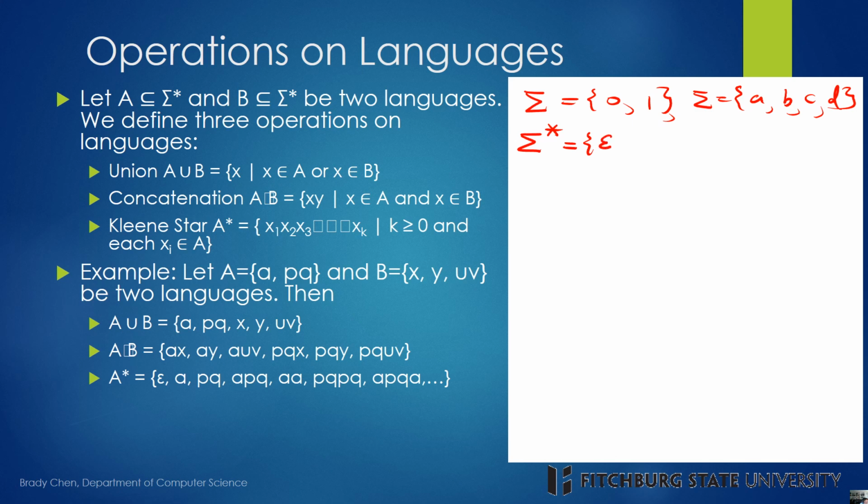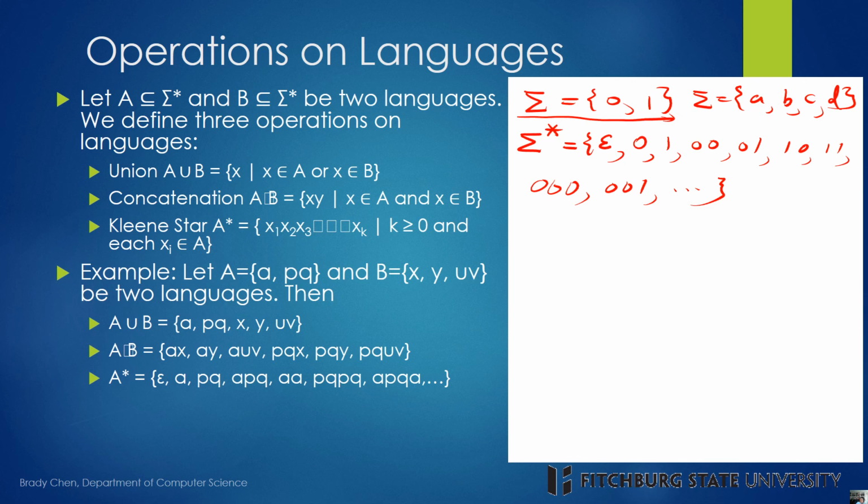So if sigma is the set {0, 1}, then sigma star is going to be epsilon, 0, 1, 00, 01, 10, 11, 000, 001, and all the combinations. So that's sigma star. It's the set of all possible strings over the alphabet sigma.